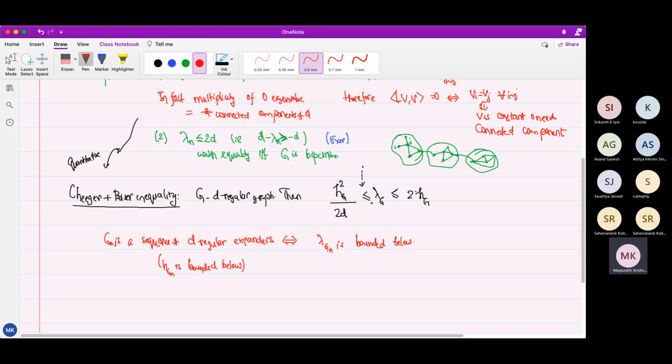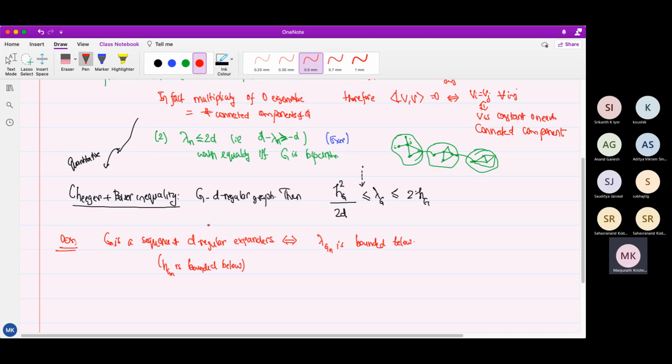There is a bound in both directions. So one way to think of expanders is to construct a sequence of graphs such that the second eigenvalue doesn't go down to 0. So I removed all the degree conditions by making it d regular. D is fixed. It's not changing.